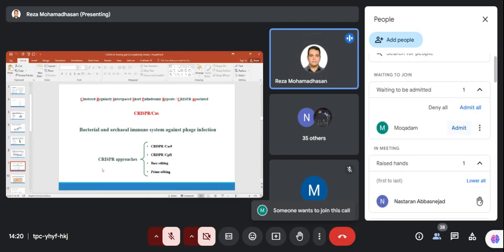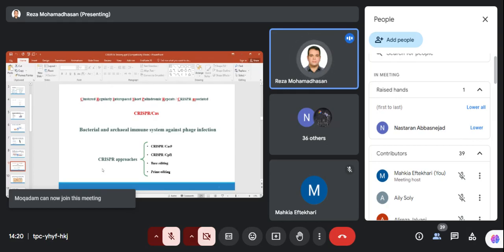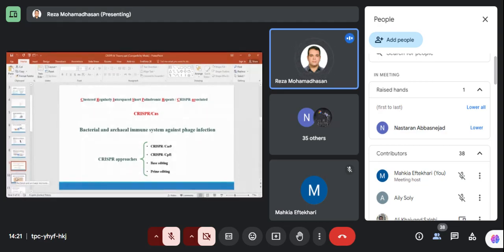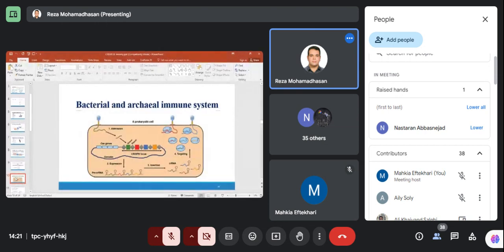The most common approaches used in different biological studies are CRISPR-Cas9 and CRISPR-Cpf1, which today we know as CRISPR-Cas12a, and the newest ones are base editing and prime editing, which we will talk about.